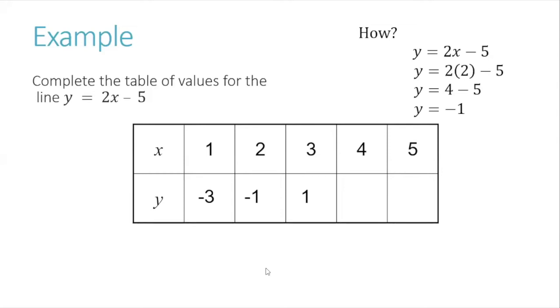As long as you have the equation and the x values, then you can generate them. Okay, so for 3, our y value would be 1. For 4, our y value would be 3. And for 5, our y value will be 5. Any questions so far? Okay, good. I don't see any questions, so let's move on.